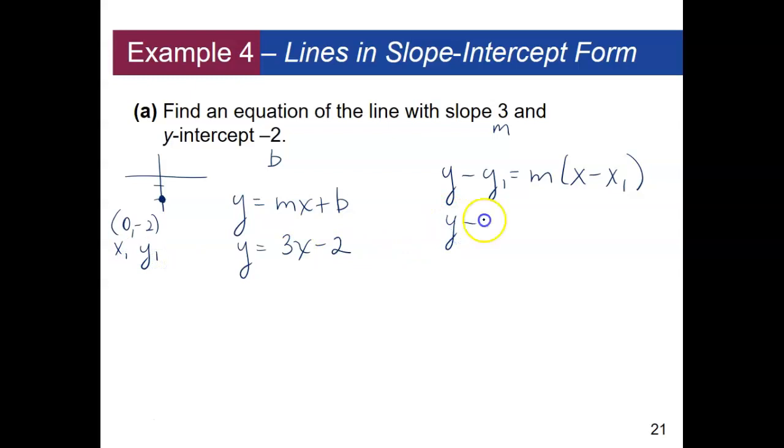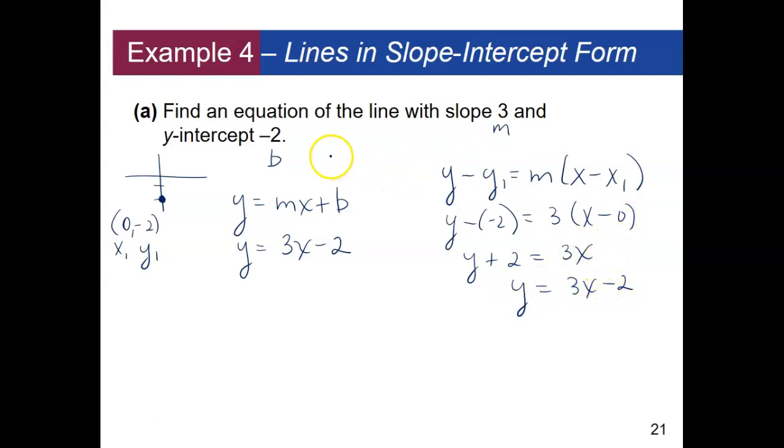So I'll have y - (-2) = 3(x - 0). So I still get y = 3x - 2 for my answer. It just depends on if you realize that you have the slope and the y-intercept, you can plug that in pretty quickly. If you don't realize it, convert that to a point and then use it and you should be fine.